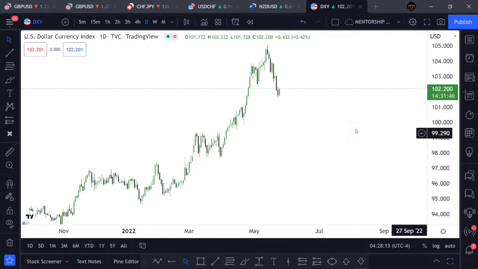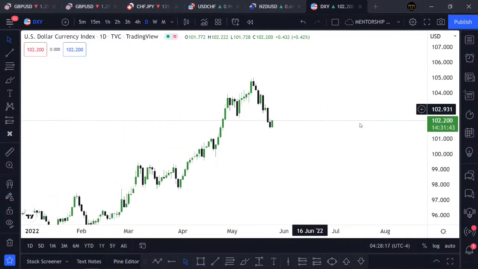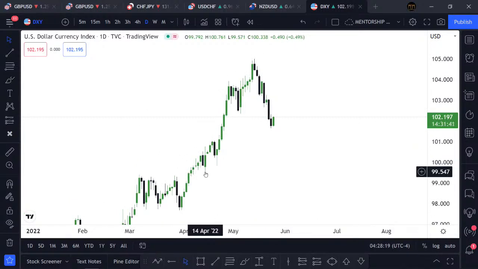So the dollar index, this will be the next destination, or my next target.